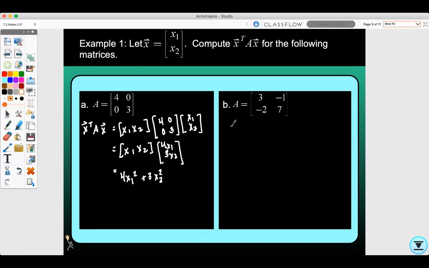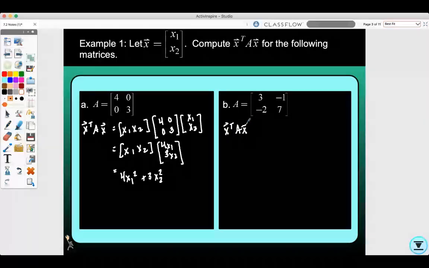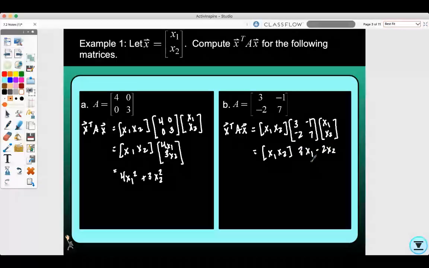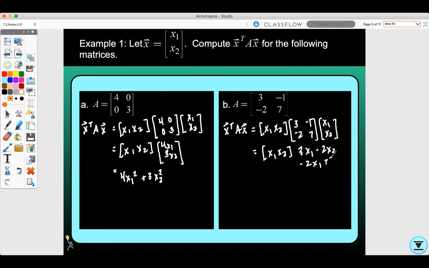Let's go ahead and do the same thing for letter B. So first I'm going to multiply the 2 by 2 and the 2 by 1 and get 3x1 minus 2x2, negative 2x1 plus 7x2.